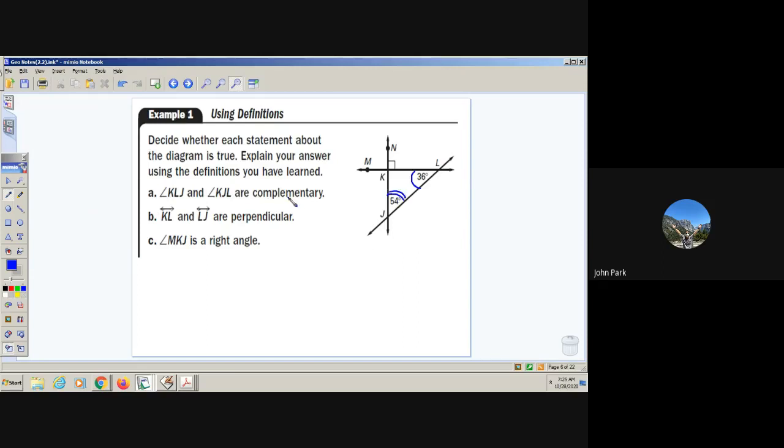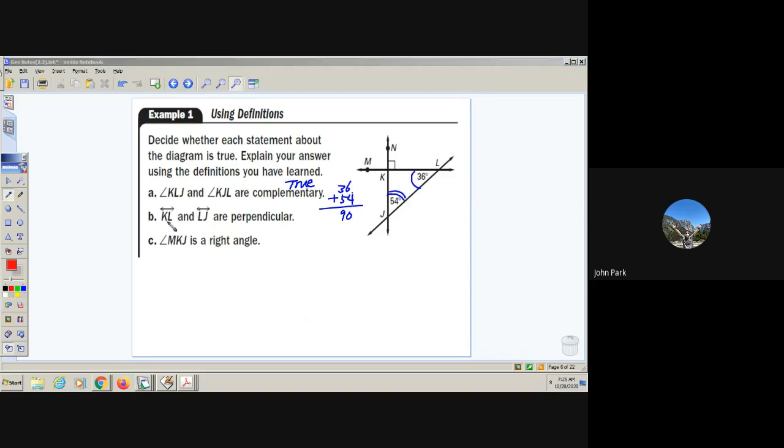Are they complementary? Complementary means adding up to 90 degrees. If you add 36 plus 54 degrees, does it add up to 90 degrees? Yes, it does. So that is true.